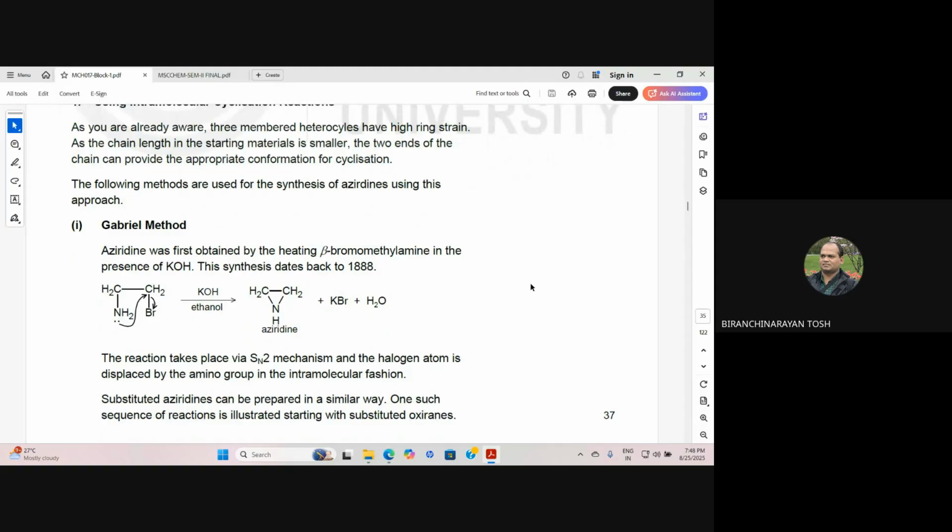So the first method is the Gabriel method. It is prepared from beta-bromoethylamine in the presence of ethanolic potassium hydroxide. Generally, when a haloalkane reacts with alcoholic potassium hydroxide, there will be an elimination reaction and a double bond will be formed.